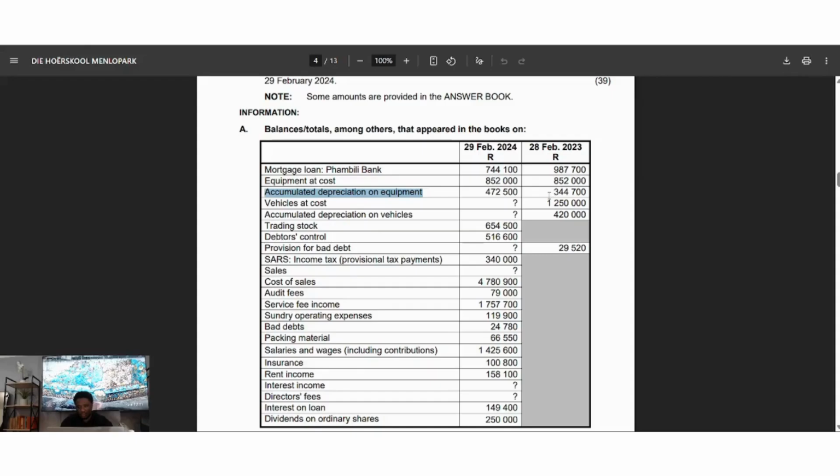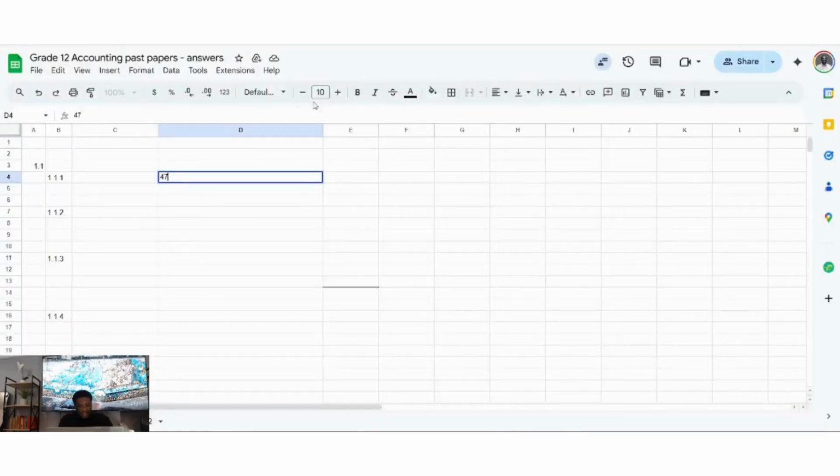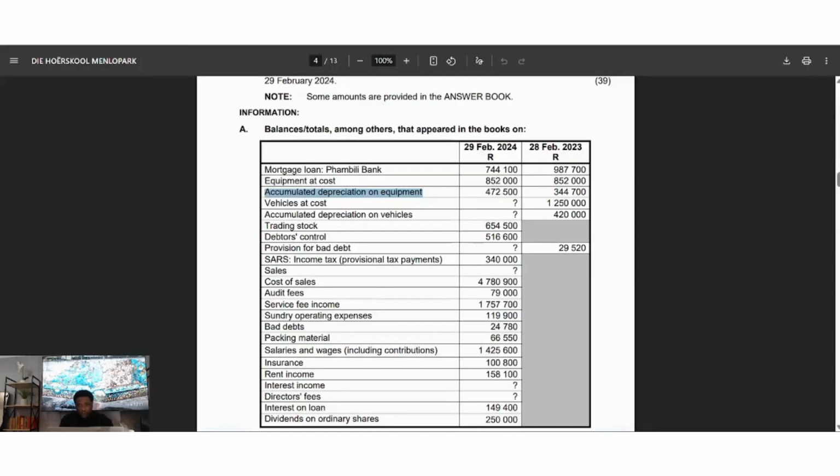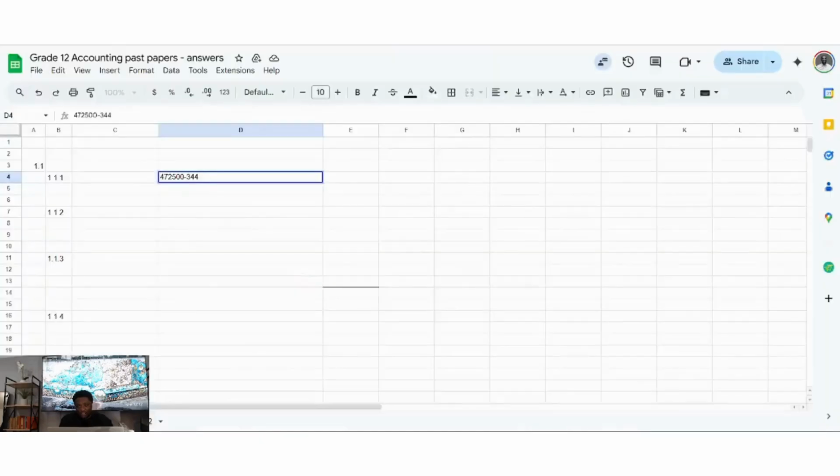So we would say that it's 344,700, which you would subtract from 472,500. Let's go and do that. 472,500 minus 344,700. Yes, 344,700. And then we get our answer, and our answer for that question is 127,800.